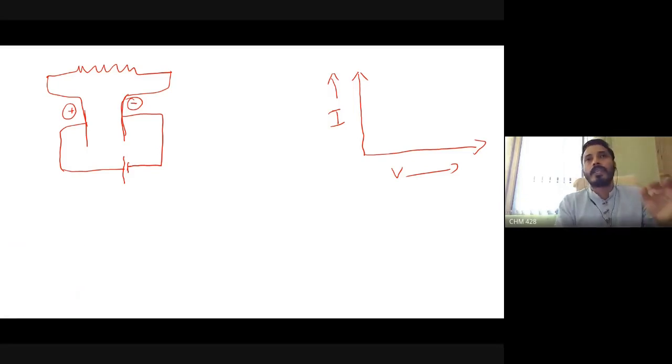If there is accumulation of more charges, more voltage will be felt by the circuit. If there is accumulation of only less charge, only less voltage or less potential difference will be felt by the circuit. Please keep that in mind.